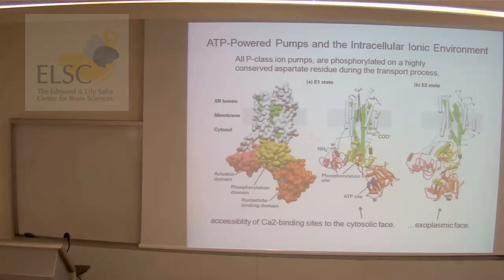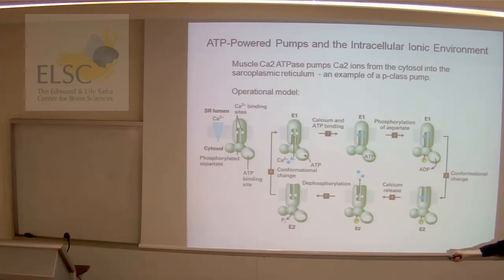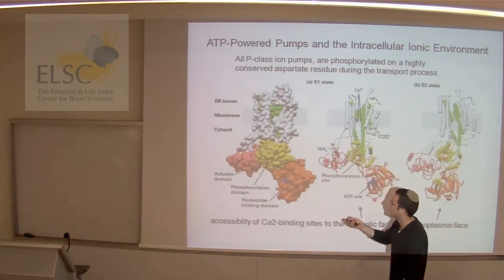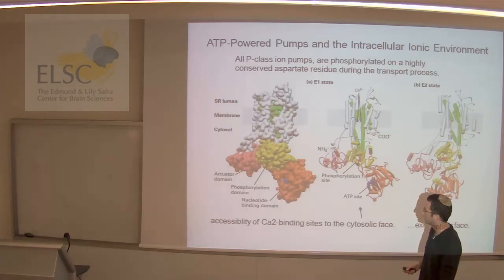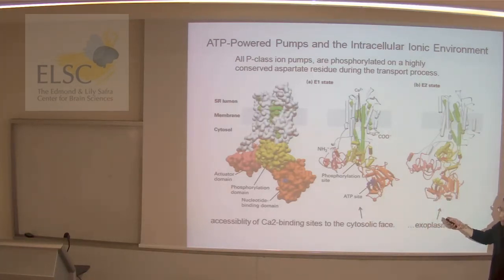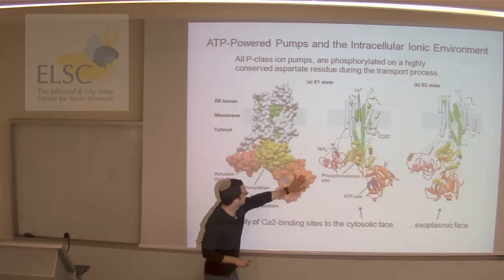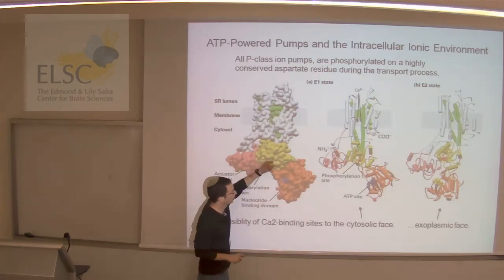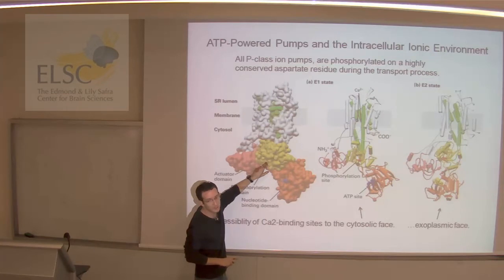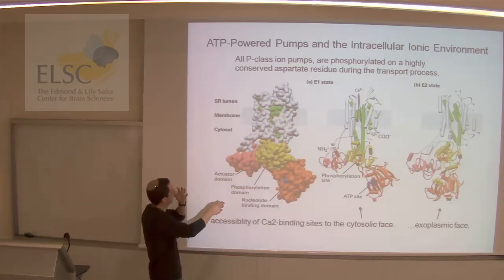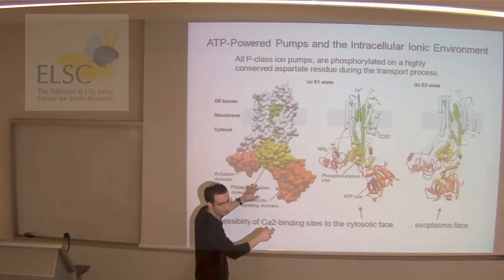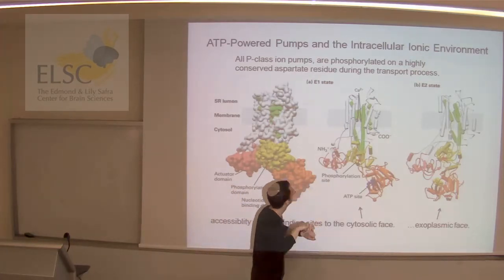Okay, and this is how the muscle calcium ATPase looks in a water-accessible surface model, and in the more simplified cylinder and trace backbone model. This one is the ATP binding domain and the phosphorylation domain, again, specifically, it will always occur upon an aspartate residue. And the transmembrane domain is where the two calcium ions bind.